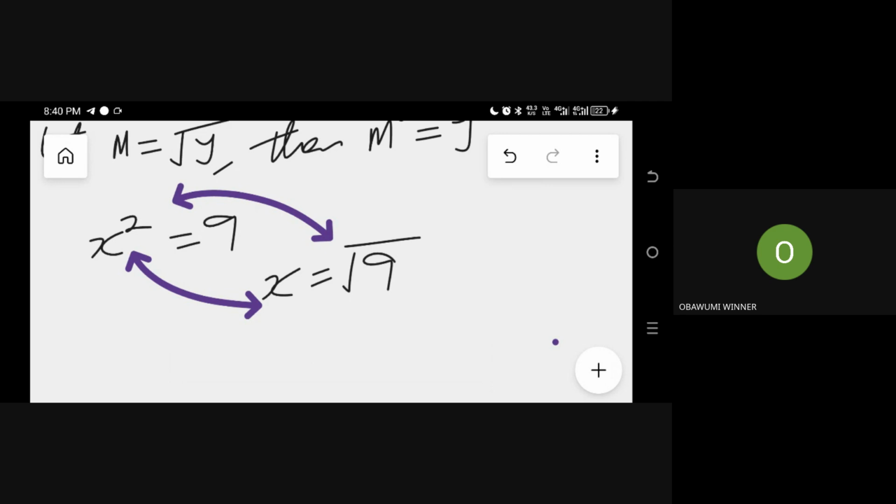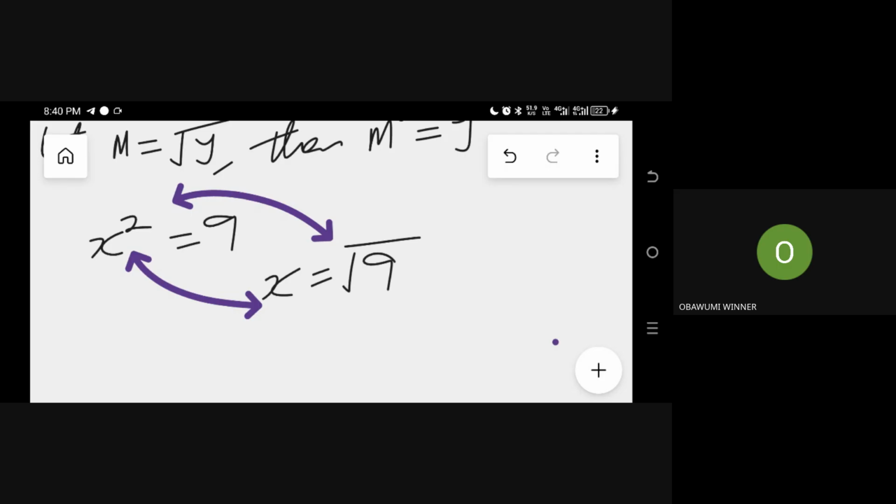If you intend to remove that square root, you have to square both sides. Originally, it was s squared equals 9. So you decide to remove the square so that you get the value of s. That was how you said s is equal to the square root of 9. You found the square root of both sides.